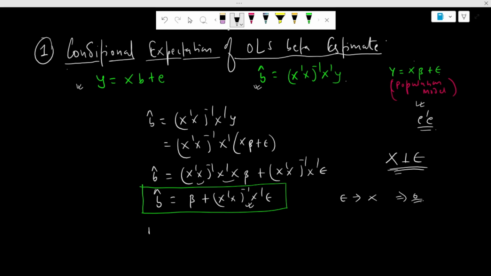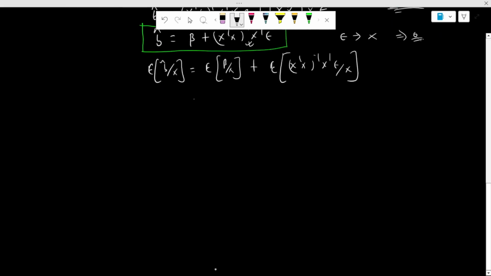Now if we take the conditional expectation of beta cap conditioned on x, beta is constant, and the average of a constant is the constant itself. Conditioning on x means we know it, otherwise we are treating it as if x were constant, so it comes out of the expectation like the constant term does.